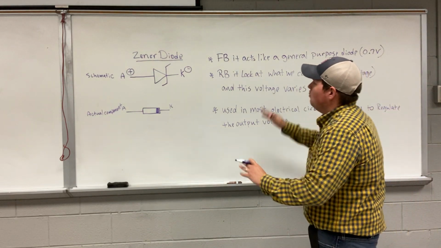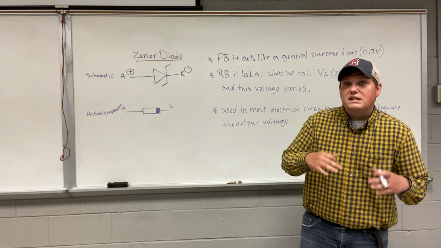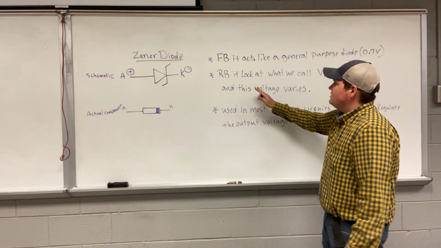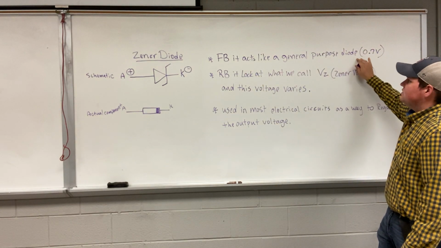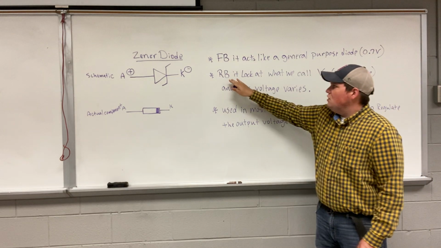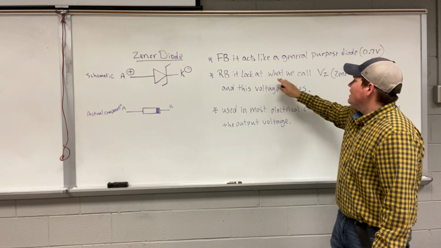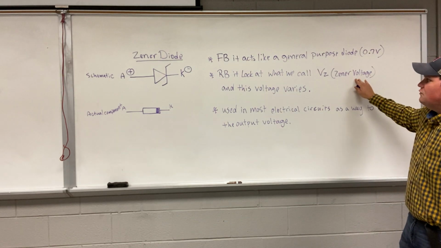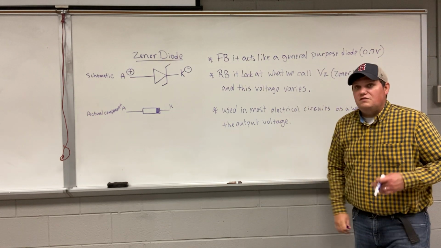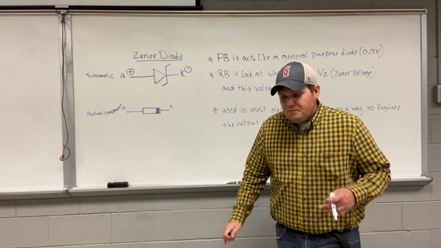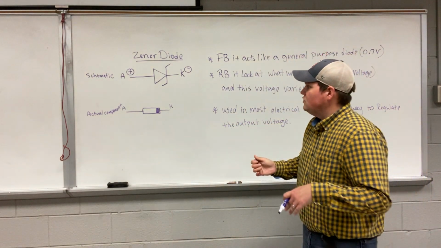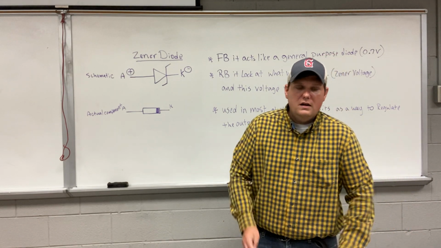And I think this will make more sense once we actually put it into a circuit. So for now, just remember forward bias, it acts like a general purpose diode, and reverse bias, it locks at what we call VZ, which is the Zener voltage, and this voltage varies. Okay, so the VZ will be marked on the package, and it's also identified by a part number.